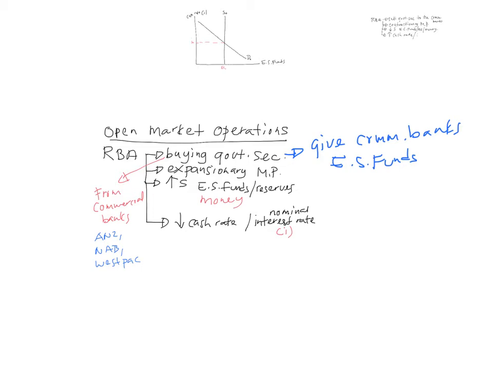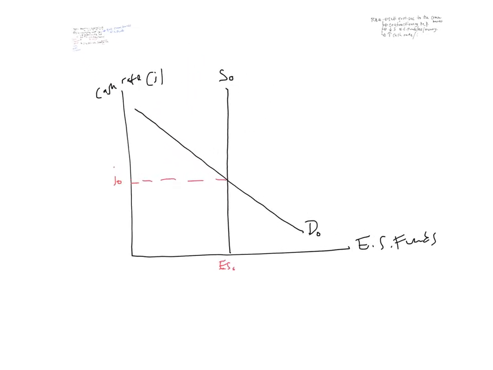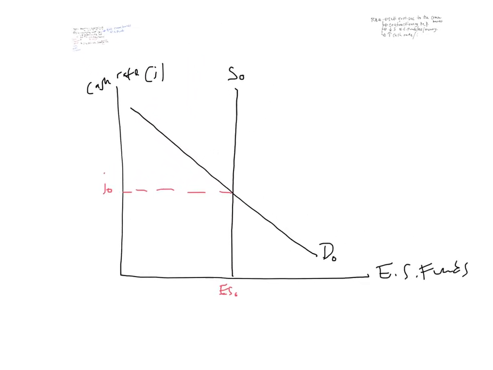This will increase the supply of money. So there's going to be a shift out here, and we get a new increase in the supply of exchange settlement funds. Again, you want to keep it simple, you call it money. That's fine with me. It's basically the same thing. And we end up going to our new equilibrium.